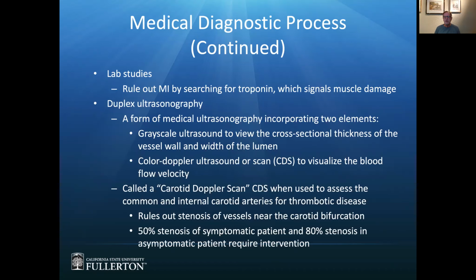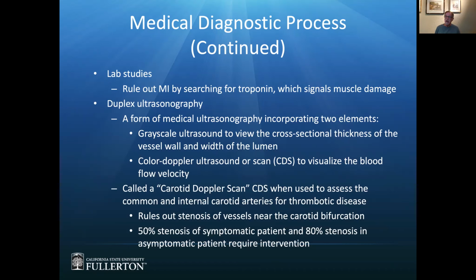They will do lab studies to look for a heart attack, because when somebody has had a heart attack and there's damage to the heart muscle resulting from it, something called troponin will be put into the blood by the damaged muscles and can be detected in a laboratory test. Why are we concerned with heart attacks? People who have heart attacks also very often will have a stroke along with it, related to it. So they will probably do that test.